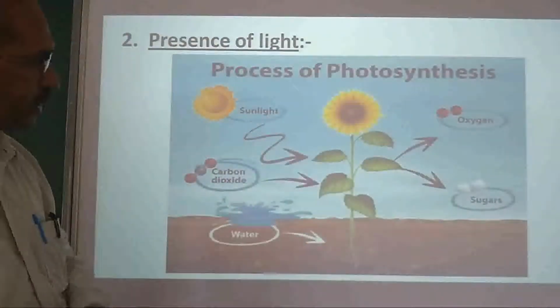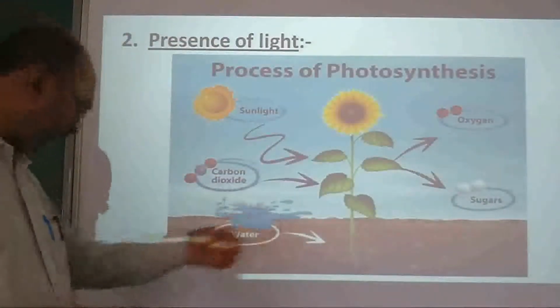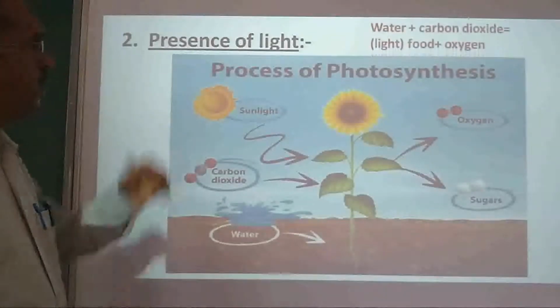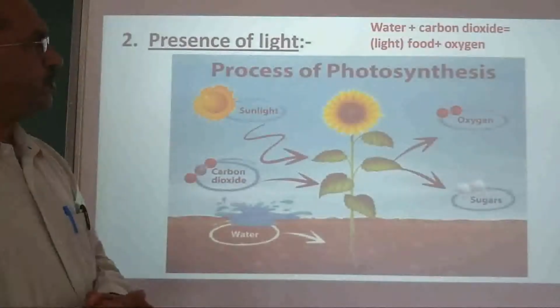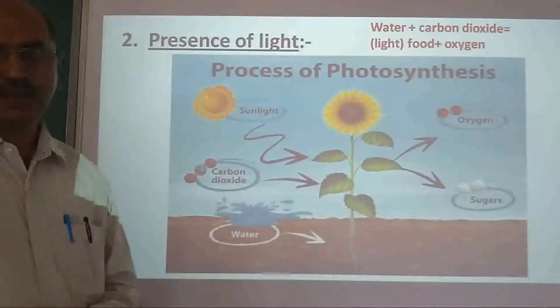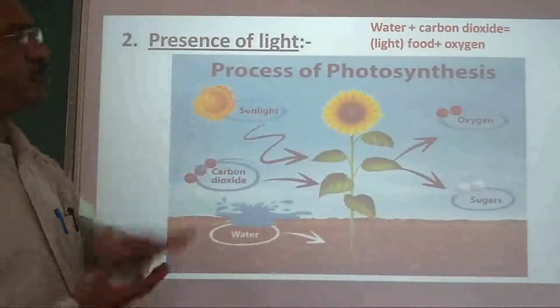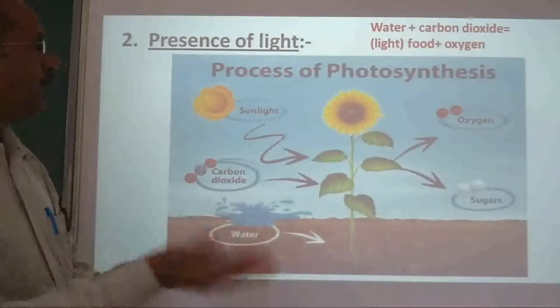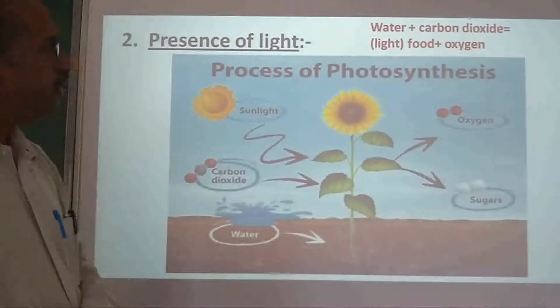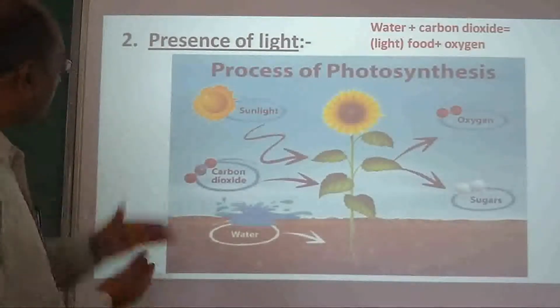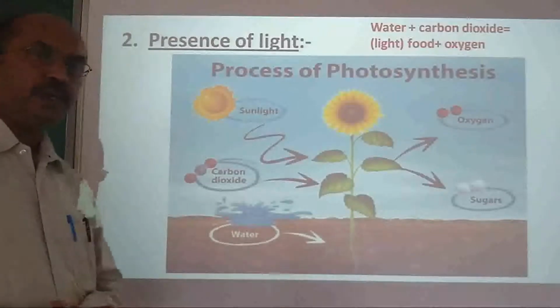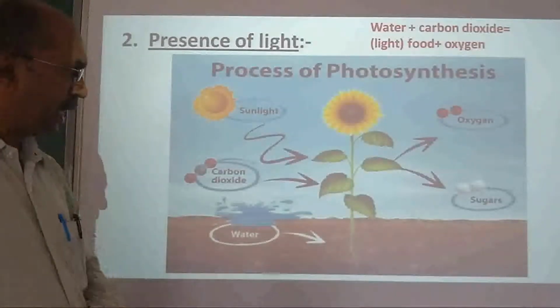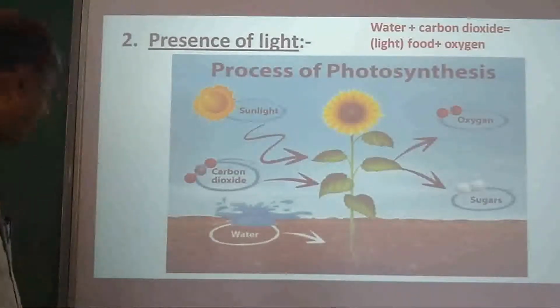Oxygen is also a product. So here the equation: the raw materials are water plus carbon dioxide in the presence of light, that is the sunlight, and the products are food and oxygen. For some of the chemical reactions, light is very essential, and this is the best example.